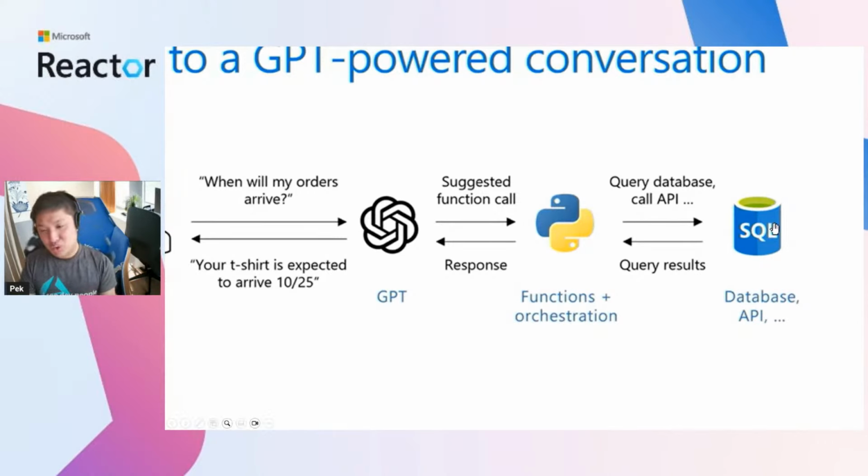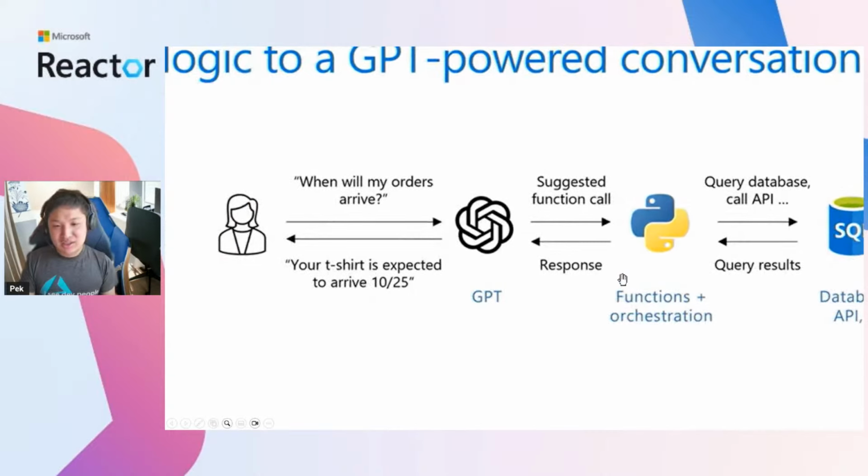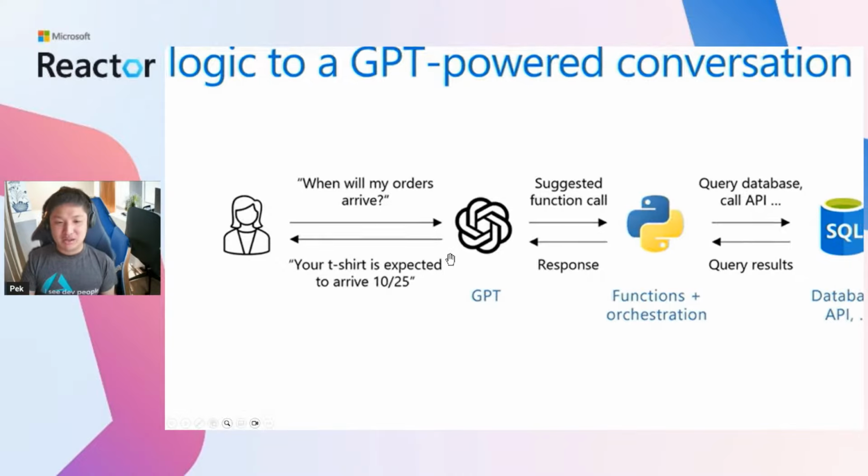So in this case, I'm going to query the API, query the database, call my APIs, get the results back, and consolidate all the information from the SQL query and the API call. Send it back to the model itself, combine that together with the user's question, and then answer accordingly. Your t-shirt is expected to arrive on 10/25, right? Because it has actually executed a whole bunch of things behind the scenes.